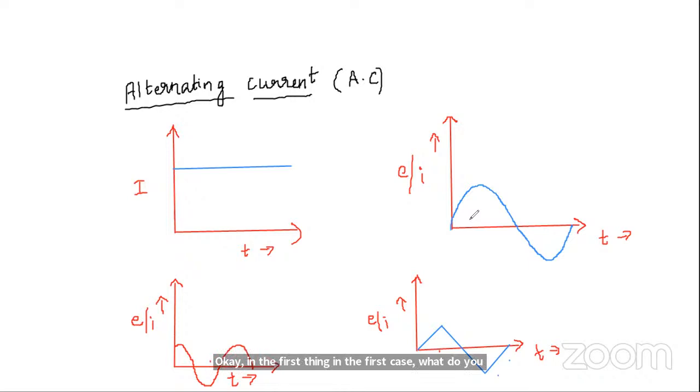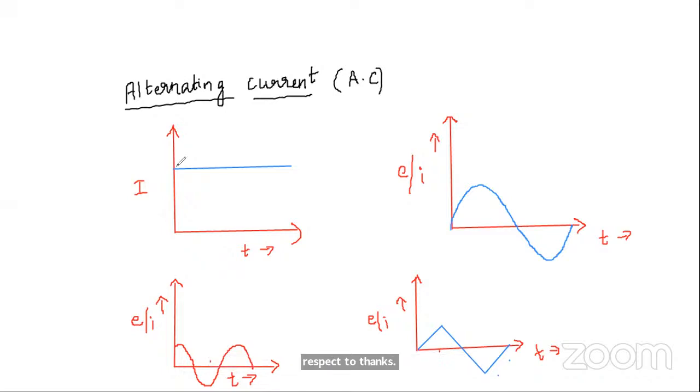It's in uniform motion, sir. In the first case, you can observe there is no variation of current with respect to time. The current doesn't change its magnitude or direction with respect to time.